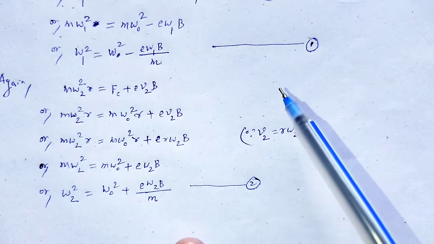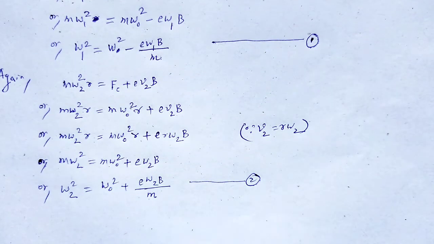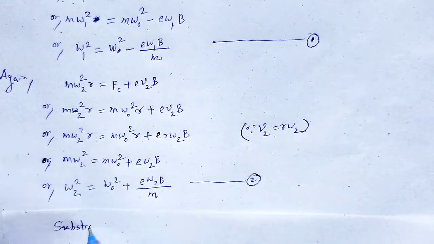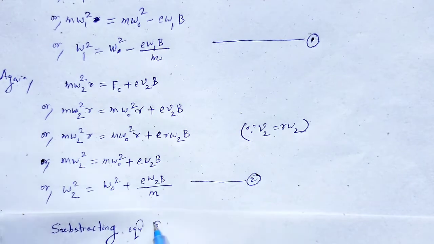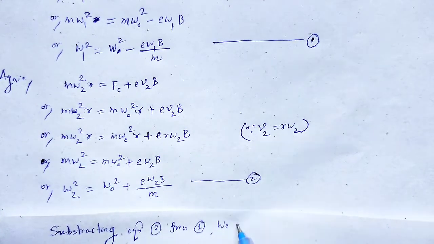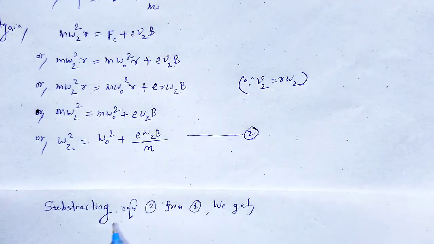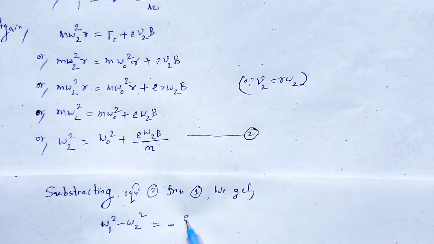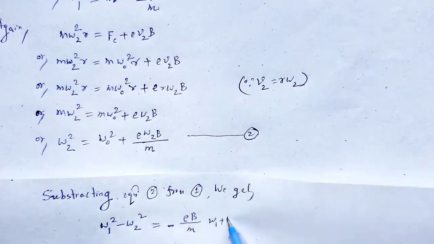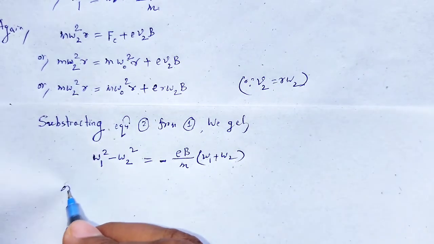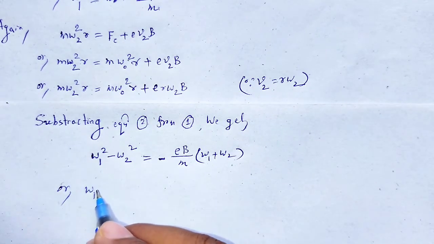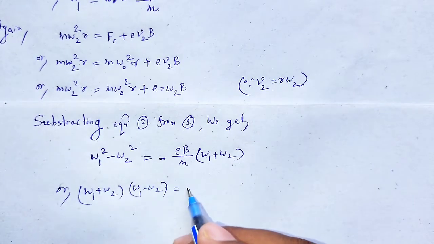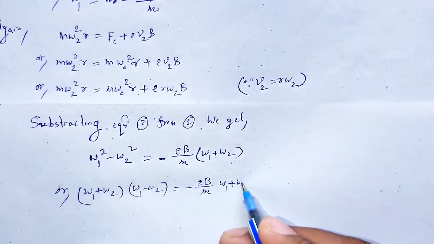Now subtracting equation 2 from equation 1, we get omega 1 square minus omega 2 square is equal to minus eB by m into omega 1 plus omega 2. Using a square minus b square is a plus b into a minus b, omega 1 plus omega 2 into omega 1 minus omega 2 is equal to minus eB by m into omega 1 plus omega 2.